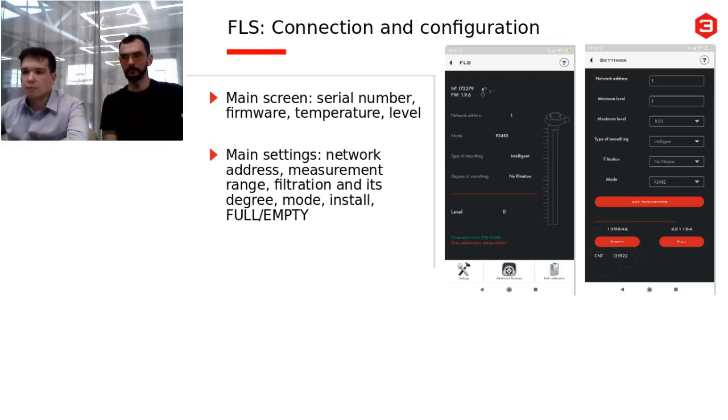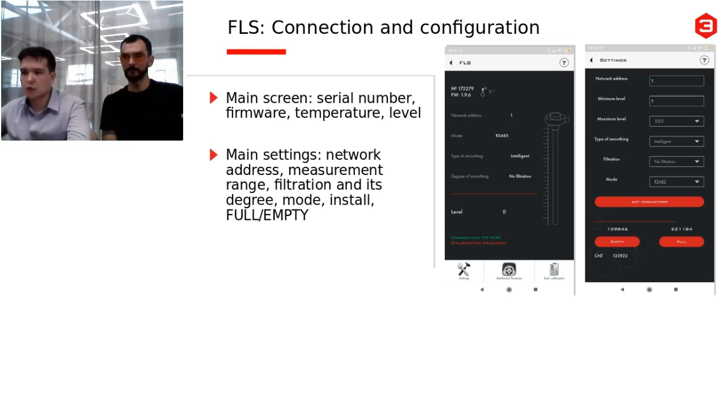Then measurement range, filtration and its degree, modes, and then you can also set full and empty, actually do the sensor calibration for the wired sensors as well. The procedure is identical to that of a TD BLE sensor.